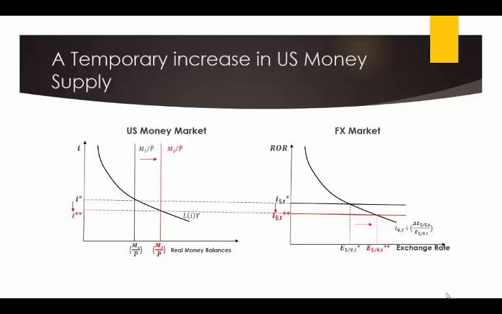The US interest rate falls such that in the foreign exchange market, the foreign asset is now more attractive, as the dollar rate of return on the foreign asset is greater than the rate of return on the dollar asset. This leads dollar holders to want to trade for yen so as to invest in Japan, and this causes the spot exchange rate to rise as the dollar depreciates against the yen.